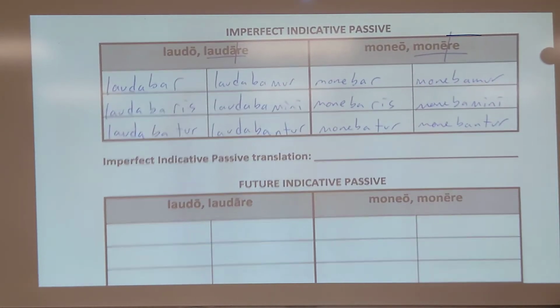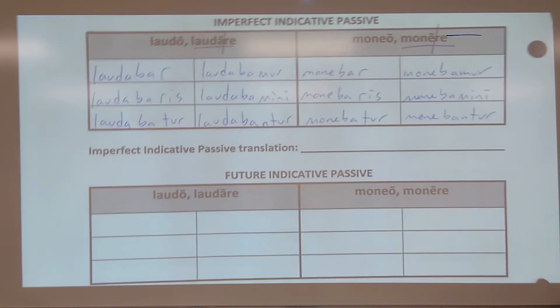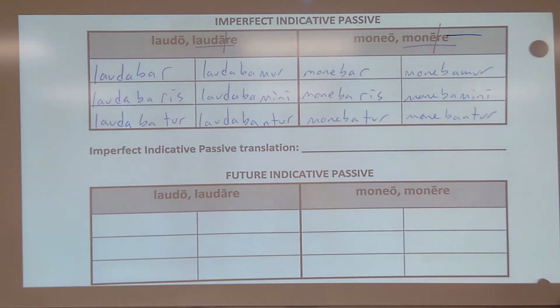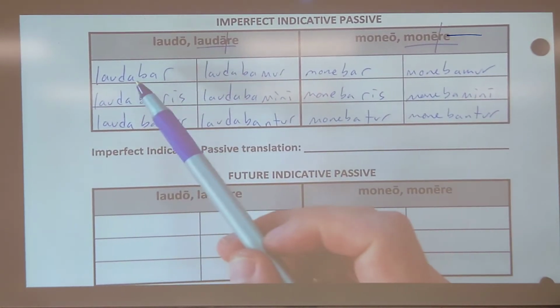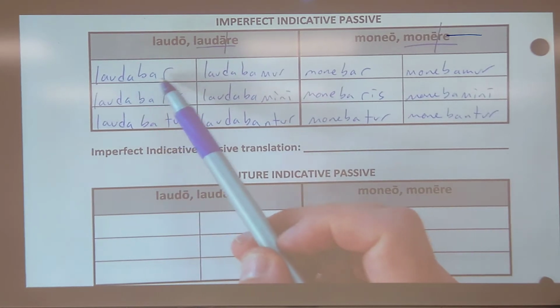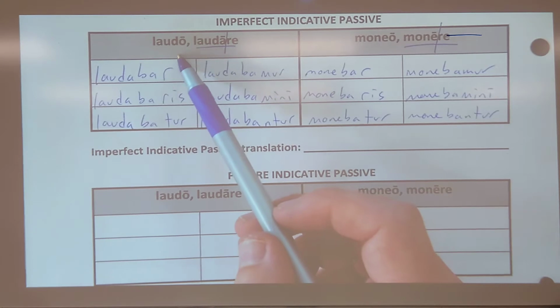All right? And as far as how you translate these, remember, in the passive, you're just making the subject actually receive the action. So if this were regular imperfect active, lauda bam, it would be I was praising.